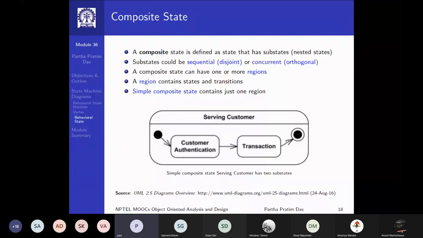So this is a substate. These are the transitions in terms of substates which are shown. And the substates could be sequential, that is disjoint, or they could be concurrent, that is orthogonal. And they could be shown in terms of regions. So a simple composite state has just one region, as you see here.